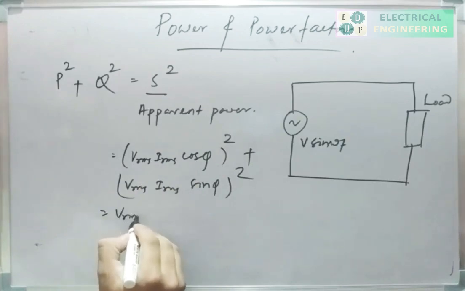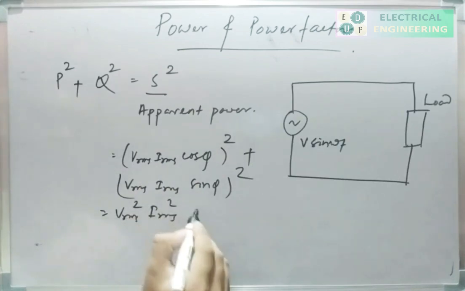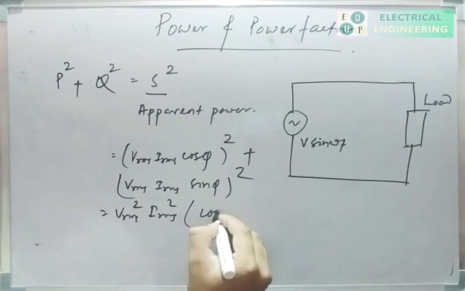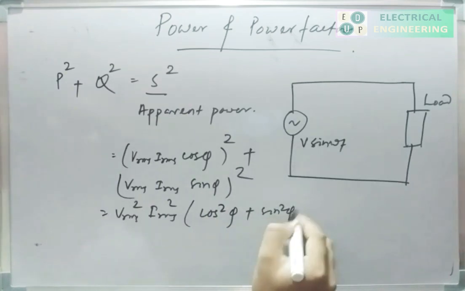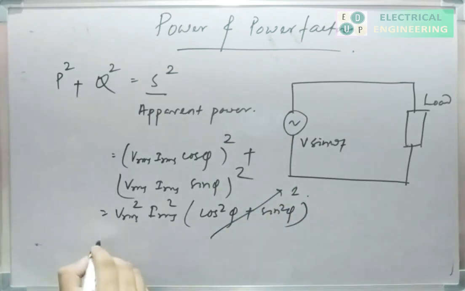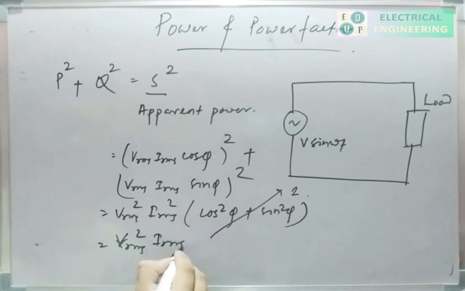So VRMS square IRMS square will be common, and in the bracket it will be cos square phi plus sin square phi, and this is 1. So this is VRMS square into IRMS square, that is S square, and S will be VRMS into IRMS.